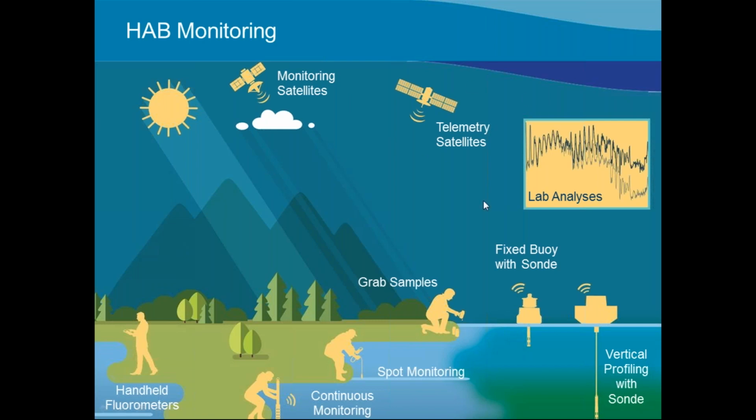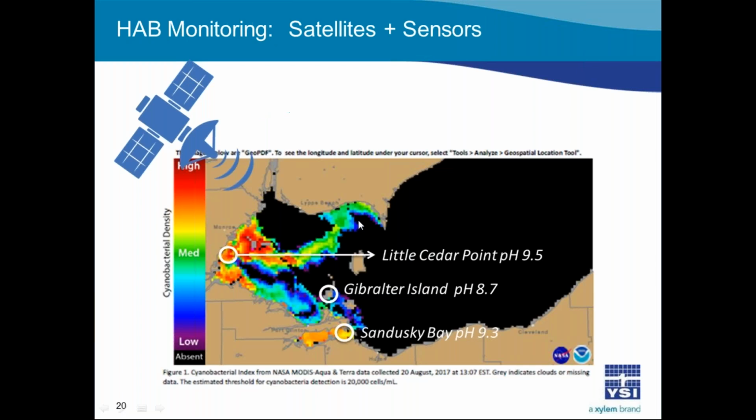And I'm going to show you how that aligns with a fixed buoy in Lake Erie that is equipped with a multi-parameter sonde and that is using telemetry to communicate to another type of satellite so that you can recover your data. So let's look at an example.